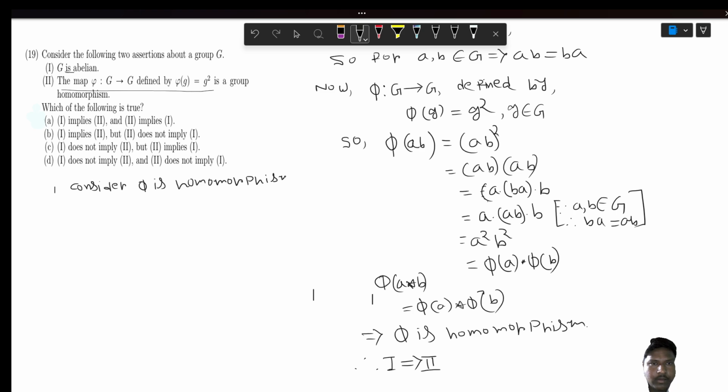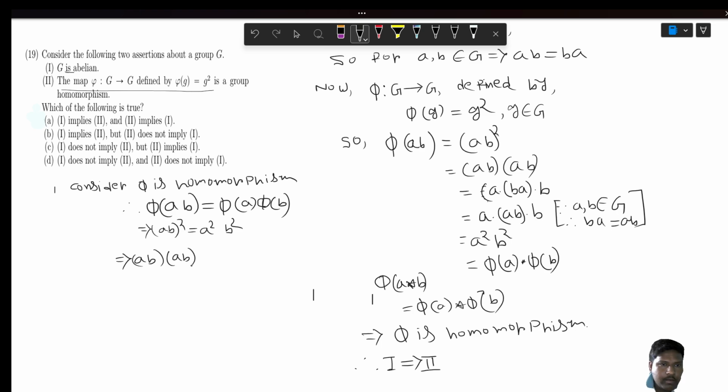Therefore, phi of ab equals to phi a, phi b, as it is a group homomorphism, which implies ab square equals to a square, b square, which implies abab is a square b square, which implies by associative property of group a, bab equals to a square, b square.